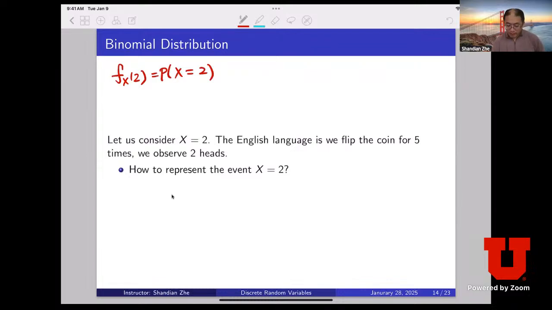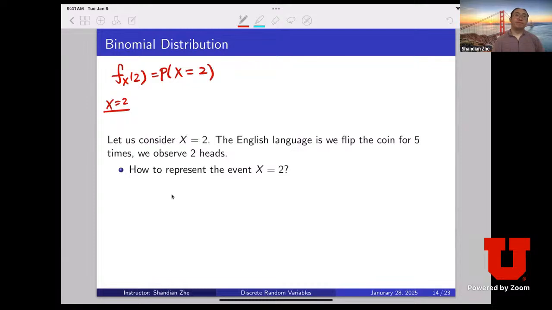So the question is, we first need to figure out what it means for x equals 2. In other words, what kind of sequences, outcomes do we have in this event?